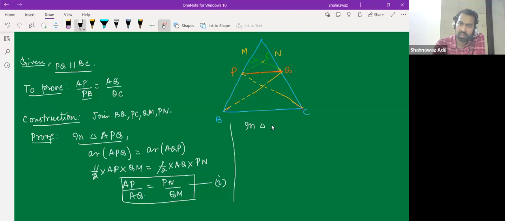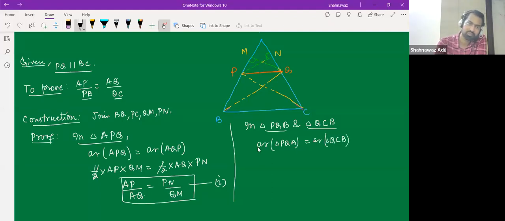So in triangle PQB and triangle QCB, because in QCB I have this QC. So this is why I took these two triangles. Okay, so if I write area of triangle PQB equal to area of triangle QCB, do you guys agree?